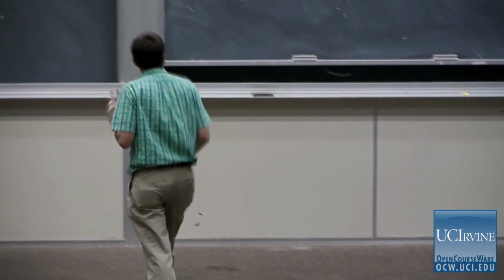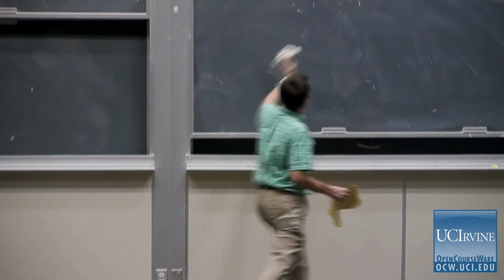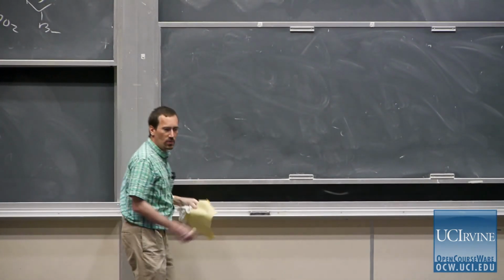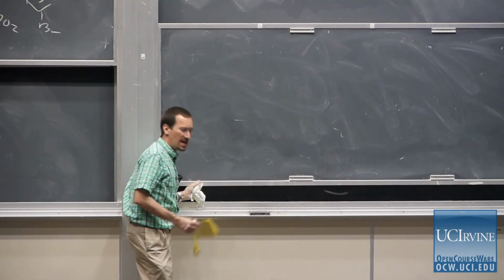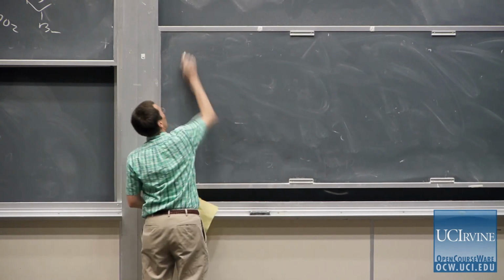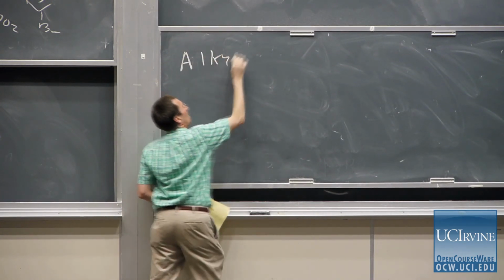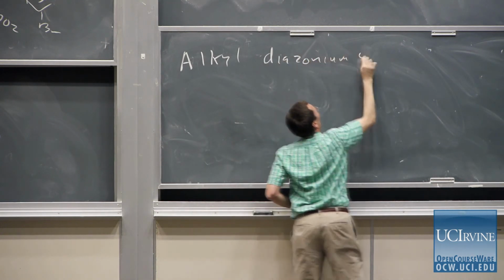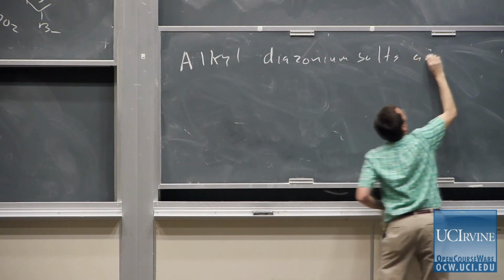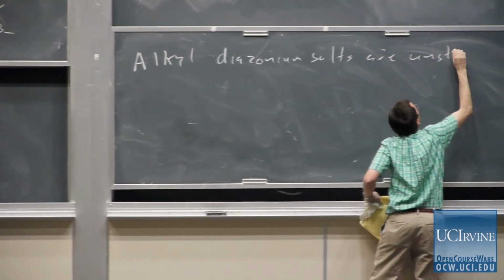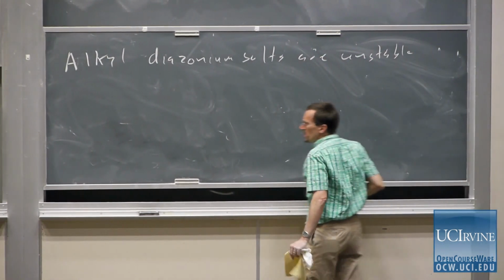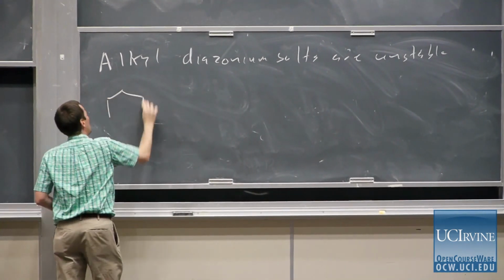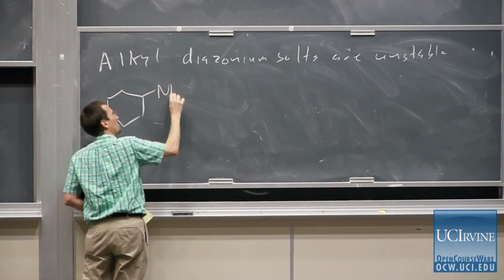But we get this carbocation that's really not very happy. Now, if you go ahead and do things with alkyl amines instead, you have a very different chemistry. Alkyl diazonium salts are unstable. So there's really not this beautiful controlled chemistry. You end up getting into carbocation chemistry in a very uncontrolled fashion.